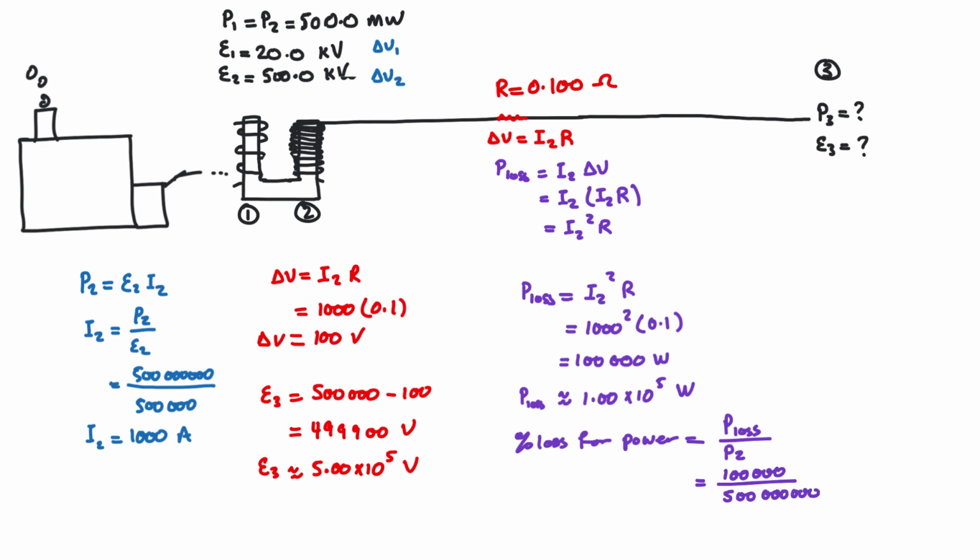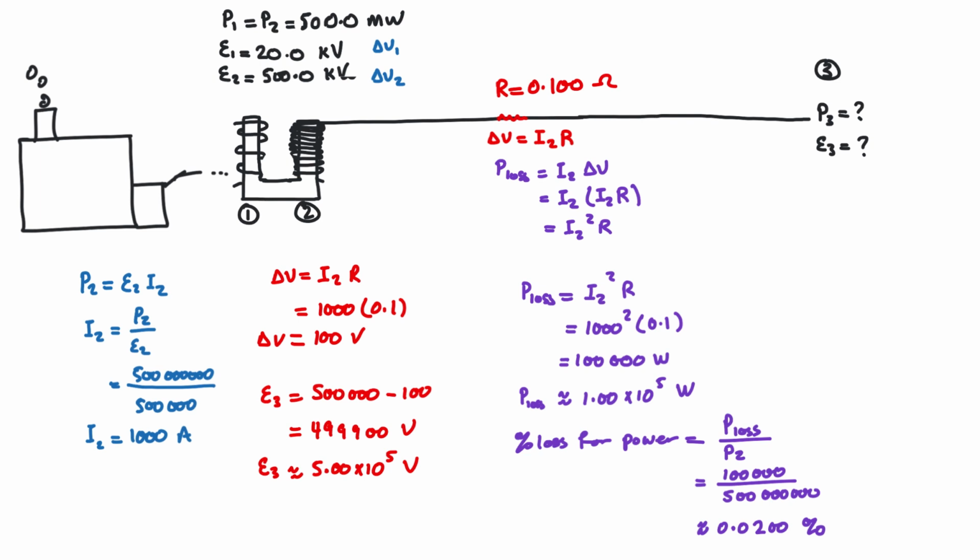In this case, we will get approximately 0.0200%. Comparing this with 12.5%, this is even less than 1%. We get a much smaller amount of power loss when we change the potential difference, increasing it.